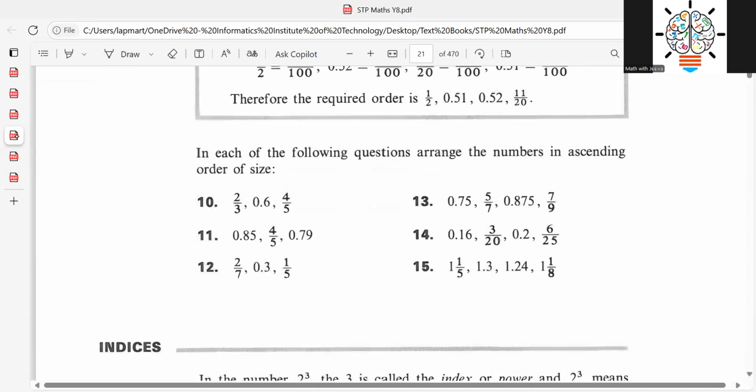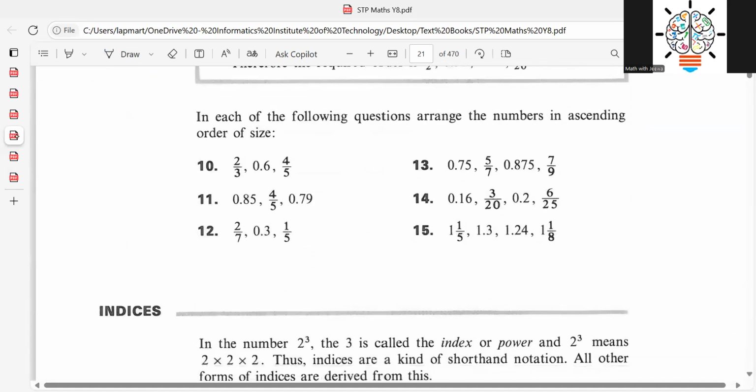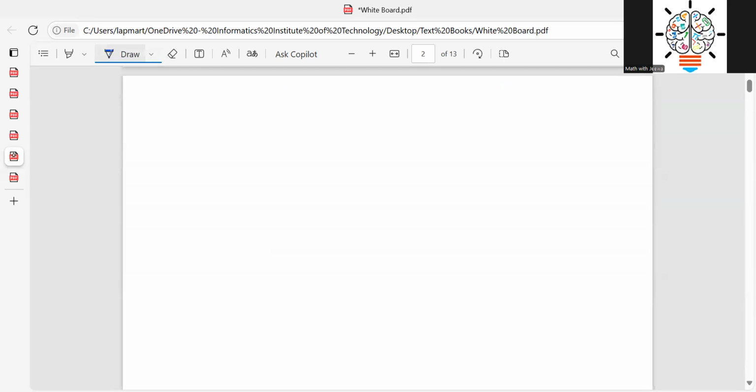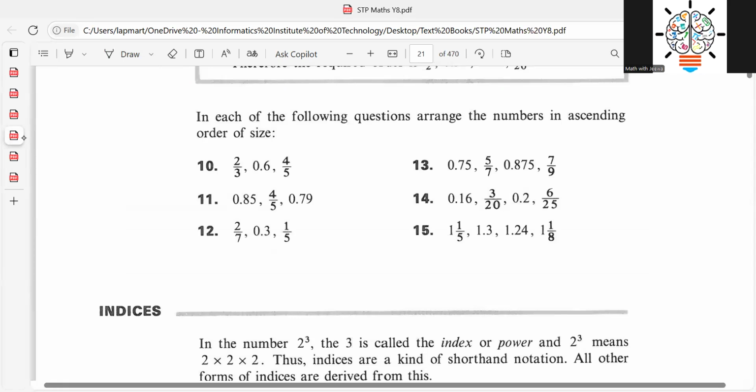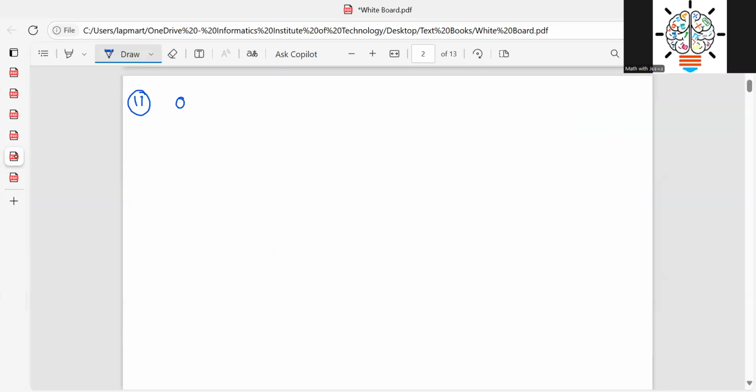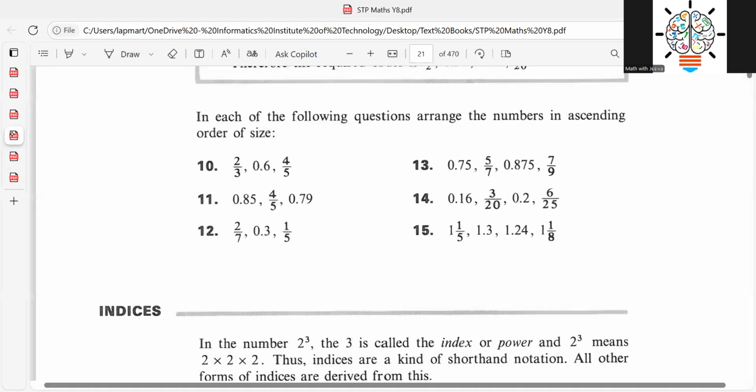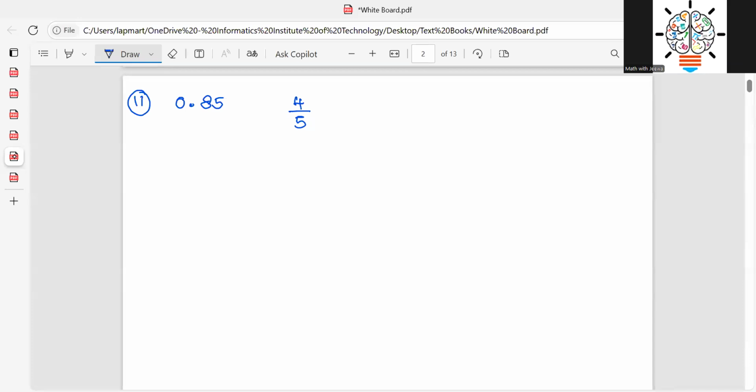I think I gave you question number 11 and 12, right? So then we will write down this 11, right? Question number 11, right? So here it is 0.85, and we do have 4 over 5 and 0.79.